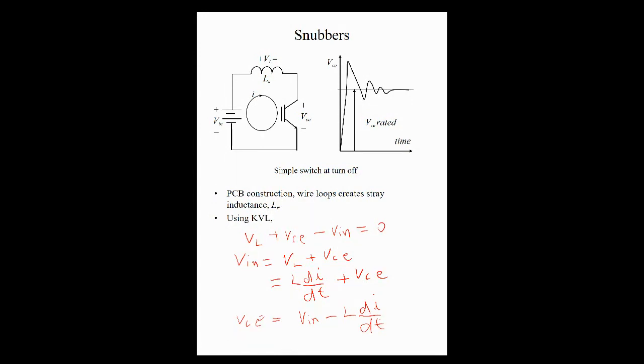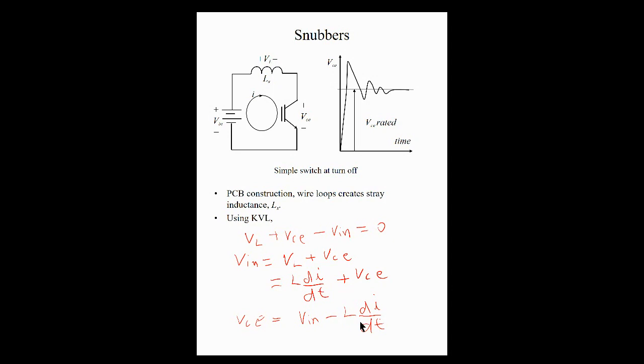Now look at this. When this part is changing, di/dt is always going to be negative, because of Lenz's law, it will oppose the change.